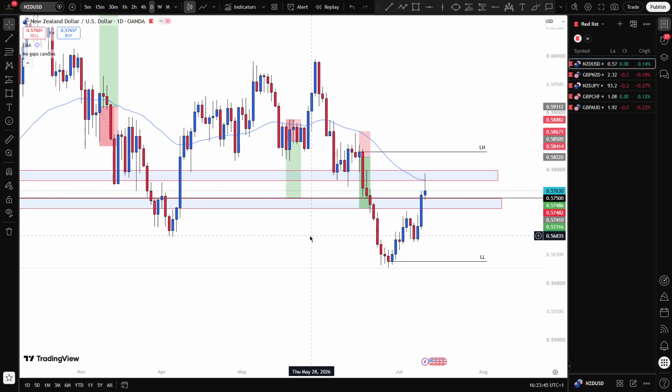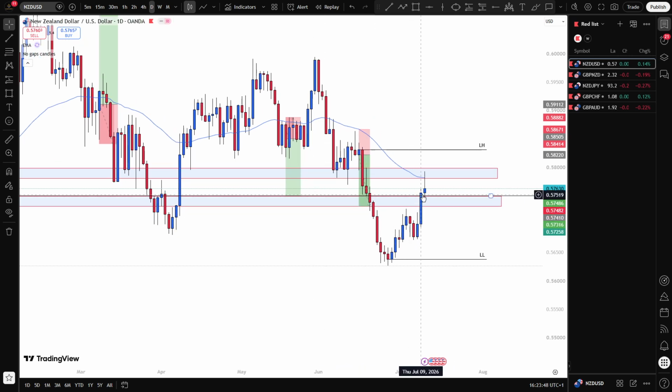So if price respects this zone, it might get to this place, reject from this zone, and give a rejection candlestick, then I'll sell down here.